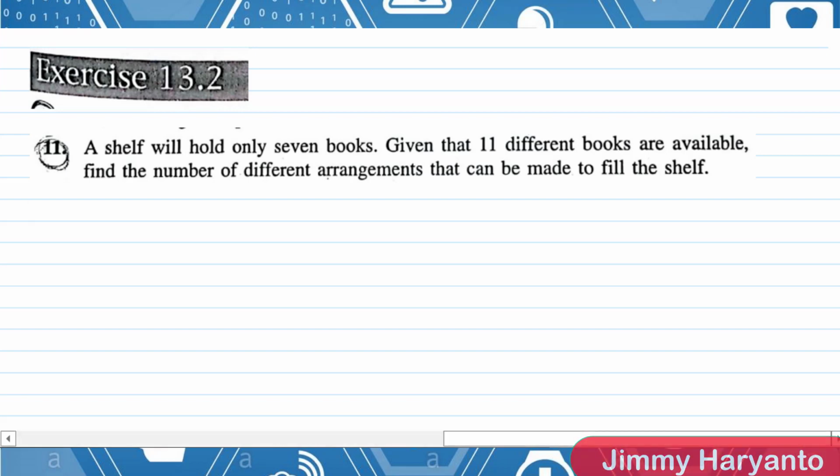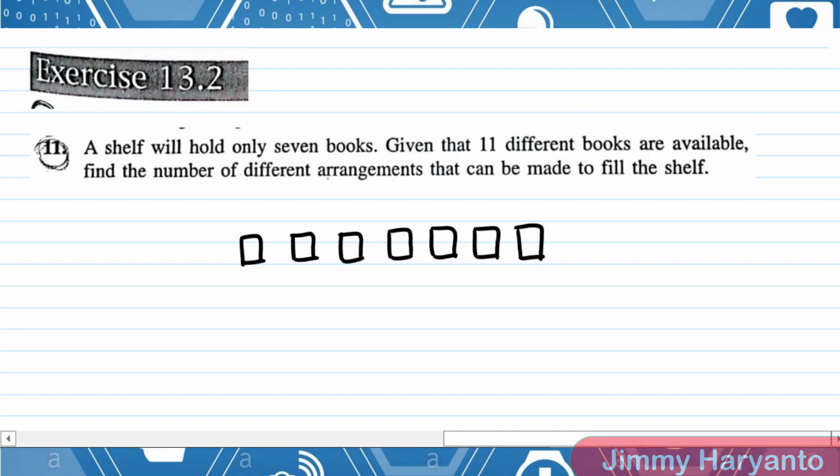Next is number 11. A shelf will hold only 7 books, given that 11 different books are available. For the shelf, we have 7 empty boxes. For the books, we have 11. So the first one will be 11, and then 10, and then 9, 8, 7, 6, 5.